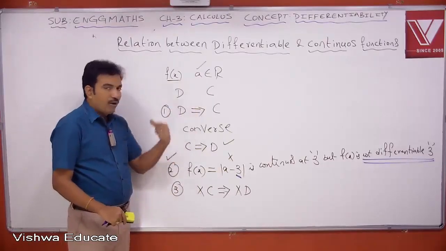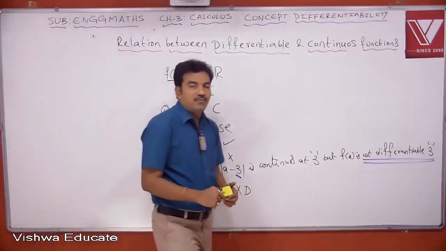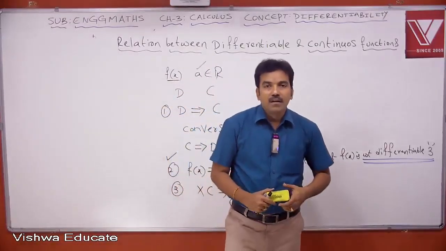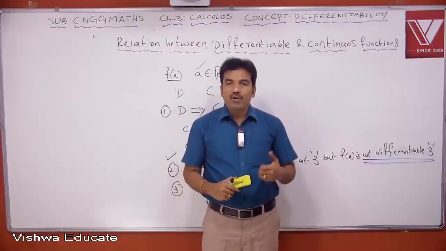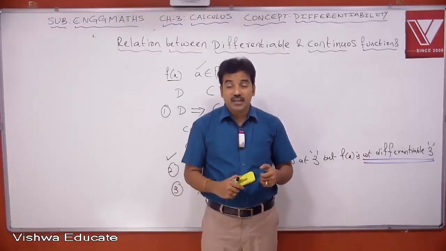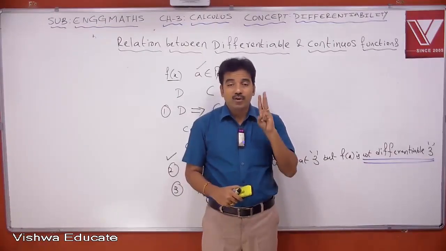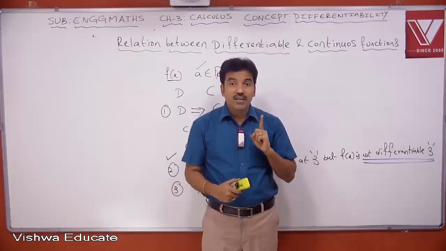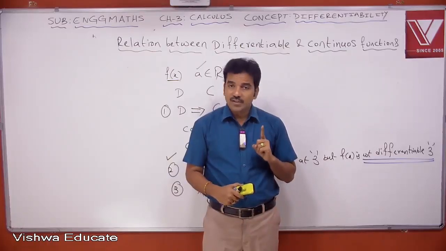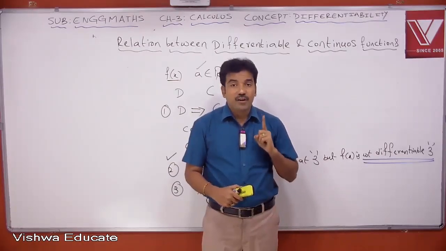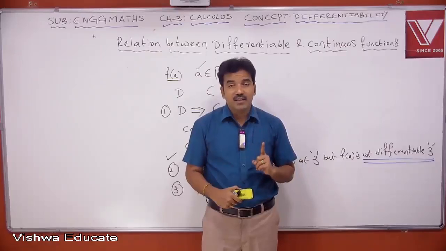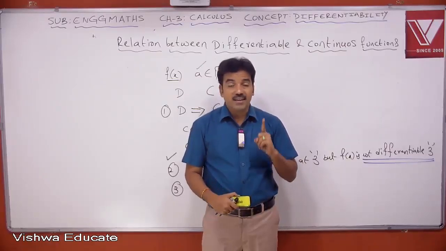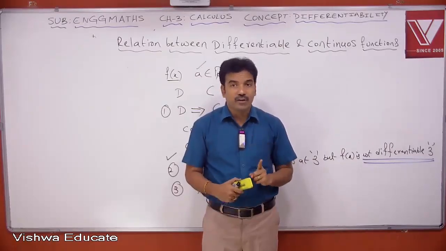Now, let us focus on point number 1. All differentiable functions are continuous. Now, if you want to verify that a function is continuous at a point or not, we have 3 alternatives. One is by using the limit concept. You must prove that the limit exists at that point and that value must be equal to the functional value.